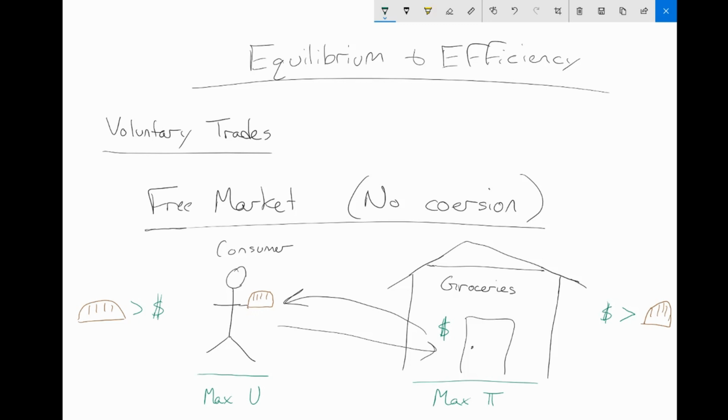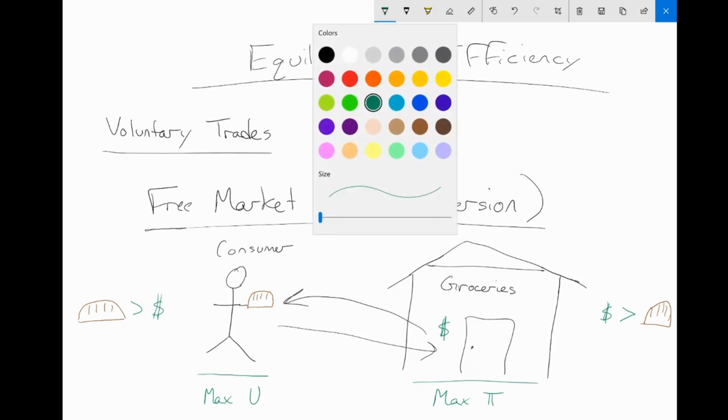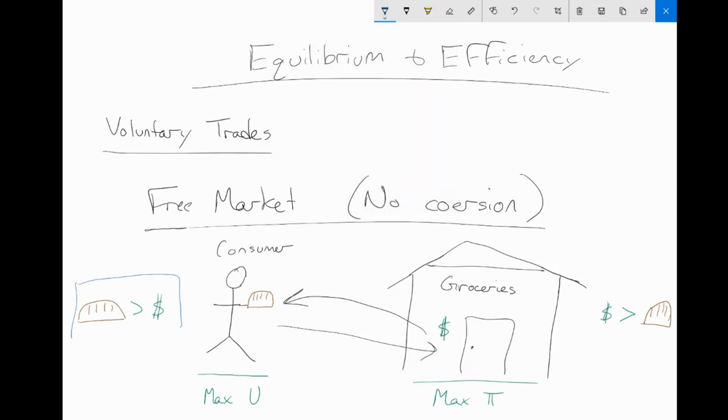And so when the consumer goes into the grocery store and buys the loaf of bread, the consumer is being made better off because they put a higher value on the bread than they do the money. And the grocery store is being made better off because they put a higher value on the money than they do the bread, in which case the consumer is happy and the grocery store is happy.